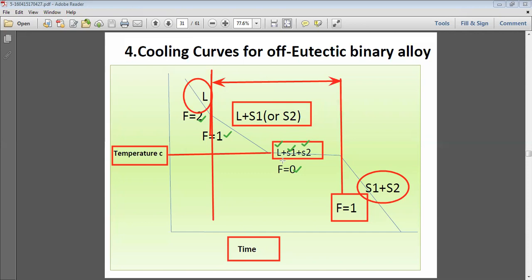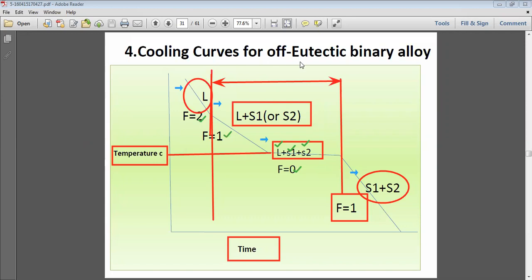So the intermediate phase is divided into two parts as compared to the earlier ones. The first one is the first phase, this is the second phase, this is the third phase, and the final is where only solids are left. So in the case of an eutectic binary alloy, we have an expansion of the intermediate phase into two categories, that is L plus S1 or S2, and L plus S1 and S2.